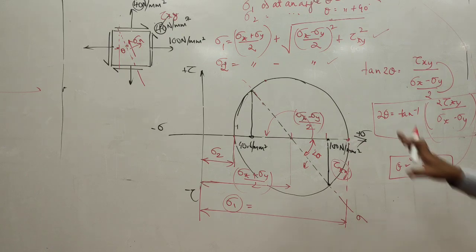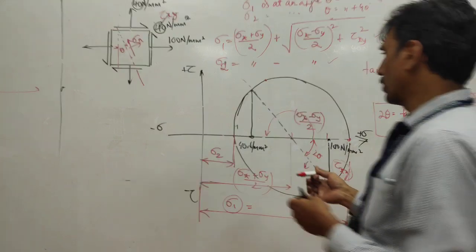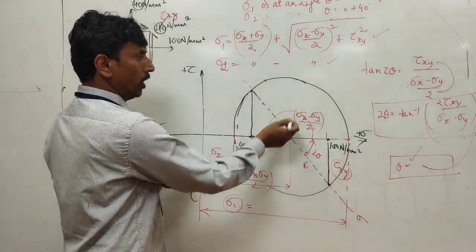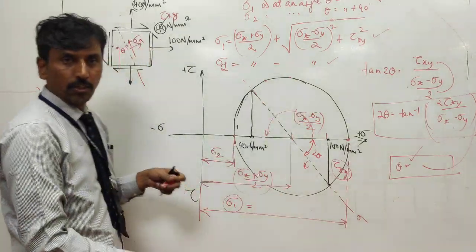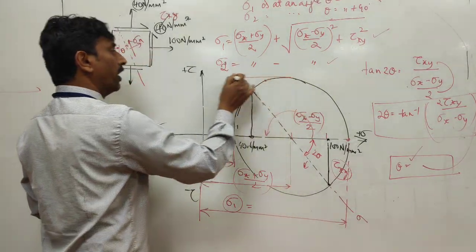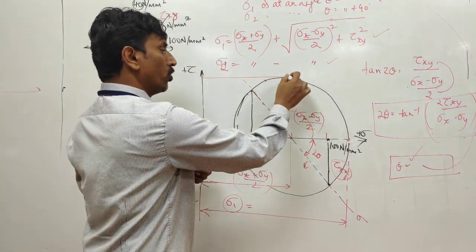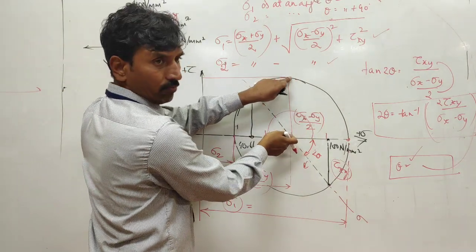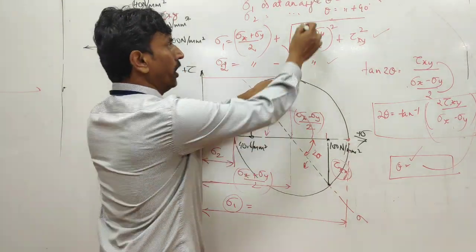Can you tell me what is the value of maximum shear stress here? Where do you find this maximum shear stress? You should go to the topmost point of the circle, and when you do this, you know that this is nothing but the radius. The radius is already this.